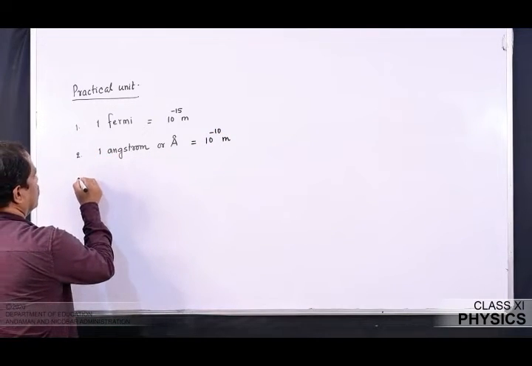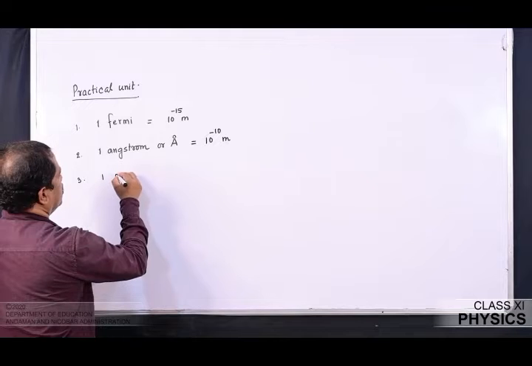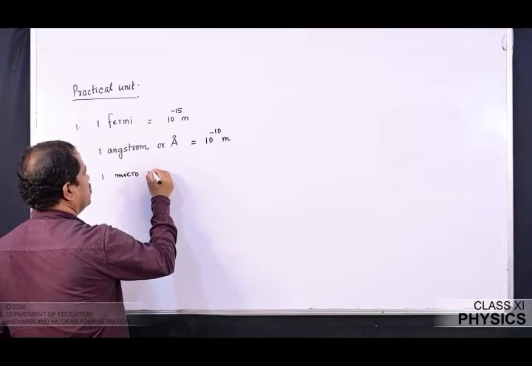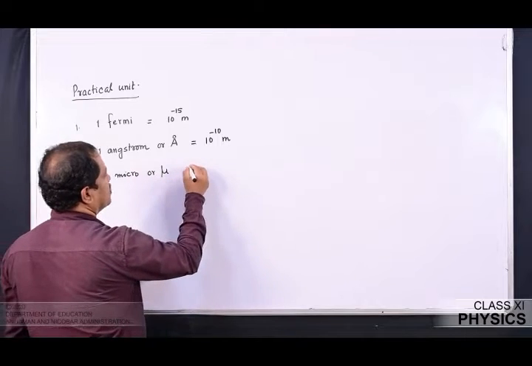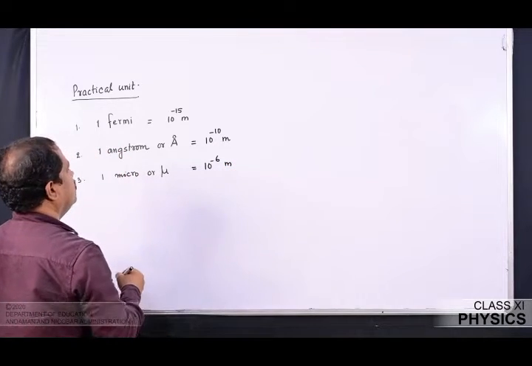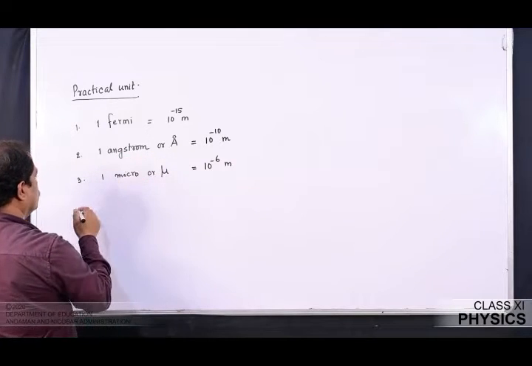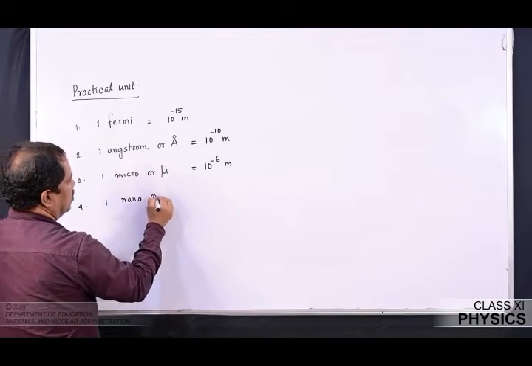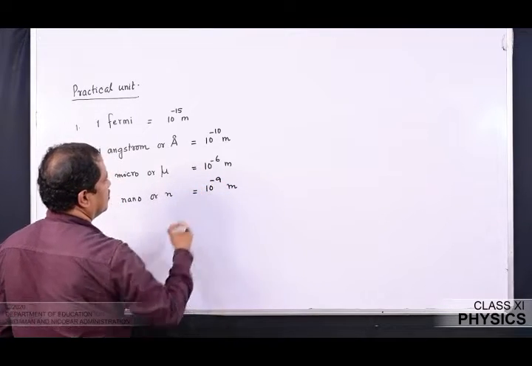Then you will come across 1 micro, like this. In symbols you will find a Greek letter mu. So, whenever micro comes, it is going to be 10 power minus 6 meter. In between angstrom and micro, we will have 1 nano also. In short it is written small n, which has a value of 10 power minus 9 meter.